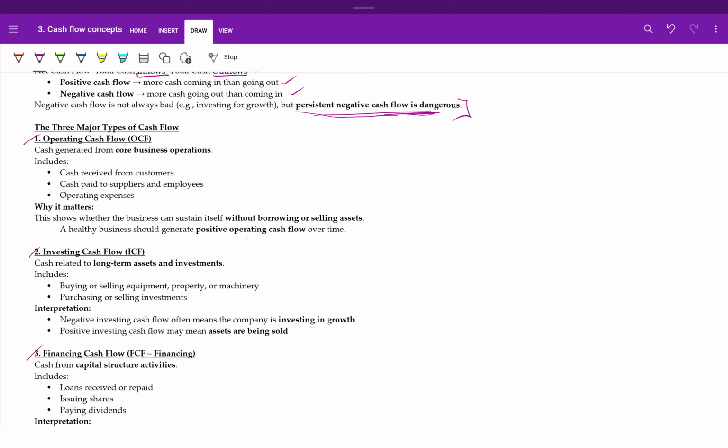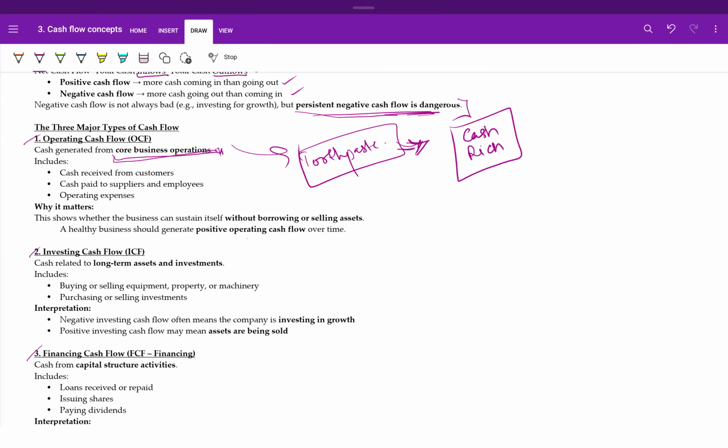What do core business operations mean? Let's assume that you are a company which manufactures toothpaste, and over time you have generated a lot of revenue and a lot of cash reserves. Let's assume that you are a cash-rich company with a lot of cash on your balance sheet.